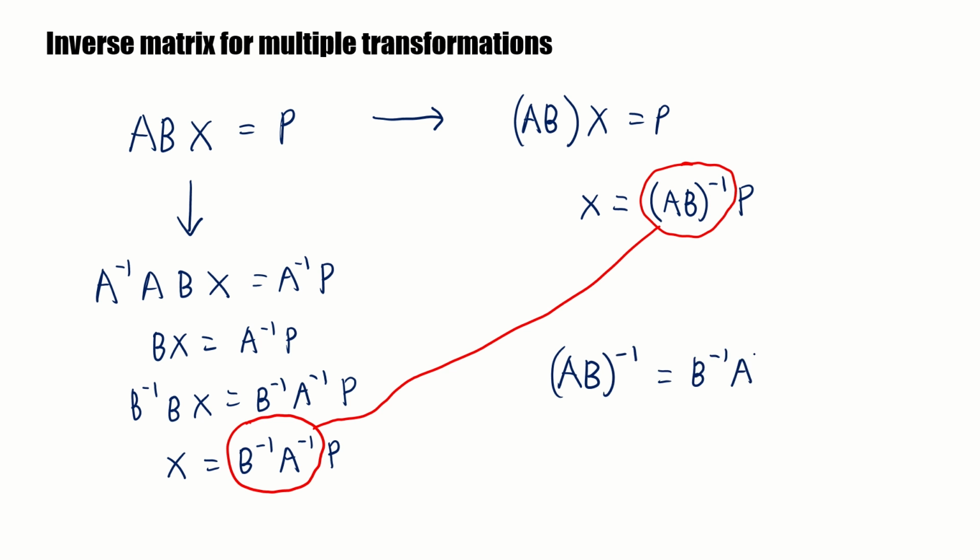So AB all inverse is B inverse times by A inverse. Remember, order of matrix multiplication does matter, so therefore this change in order does have an effect. Cool, so that's a little fact to remember. Only rarely comes up, but when it does, it catches so many students out because they forget it.